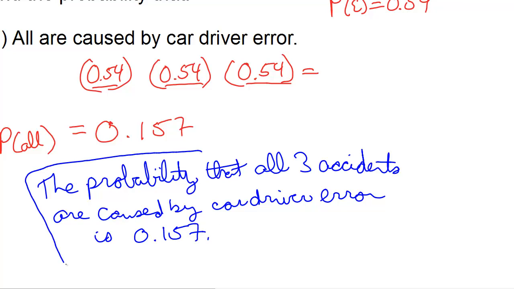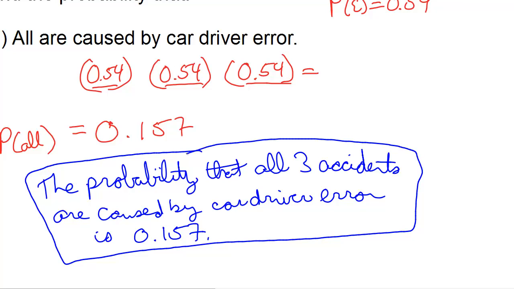And I wrote it out like this because anytime that we're answering questions such as this, we want to make sure that we write it out and explain ourselves. Just the number doesn't really give us the answer. We need to be able to write a sentence, complete it, things of that nature.